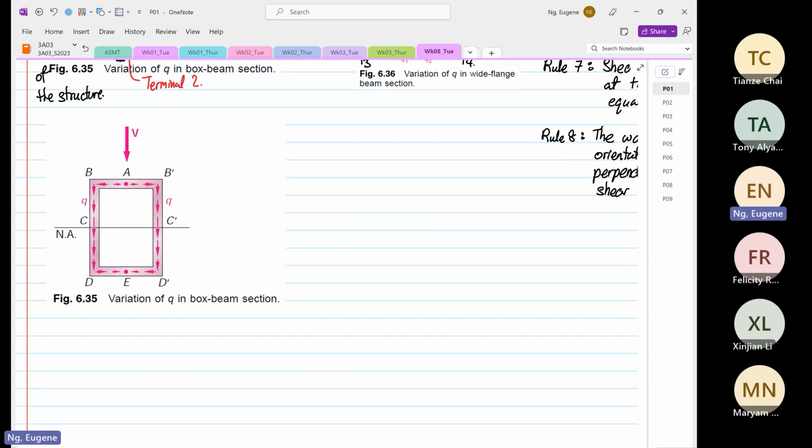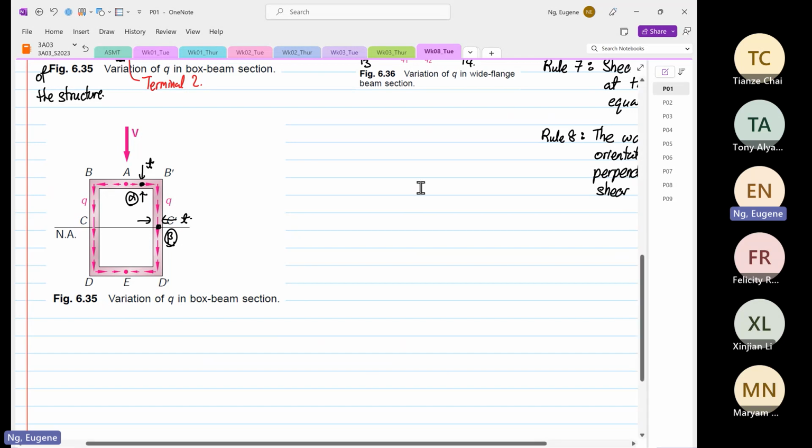For the box, let's say I want to find the shear stress at a point alpha. This is the thickness. If I want to find the shear stress at point beta, which is at the centroid, this is going to be our thickness. So that's for the box beam.